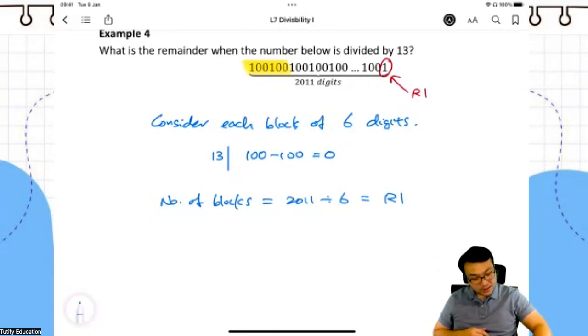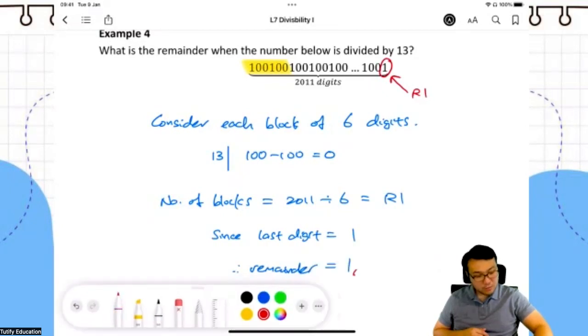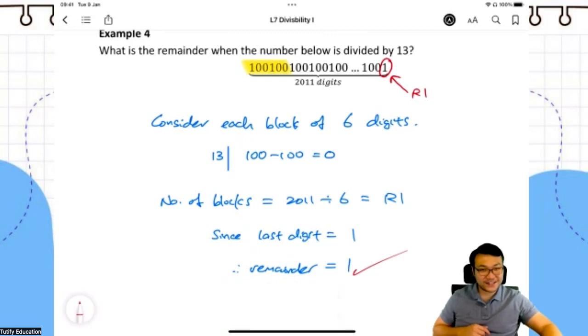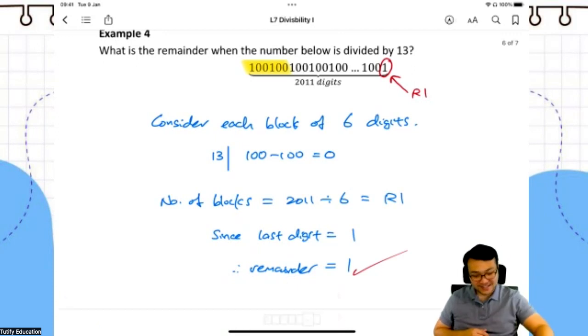So when you divide it by 13, since the last digit is the odd one out, which is 1, therefore the remainder when you divide it by 13 is going to be 1. So how do you find this? Is it easy, Kaden? Yeah, very easy. Thank you, Kaden.